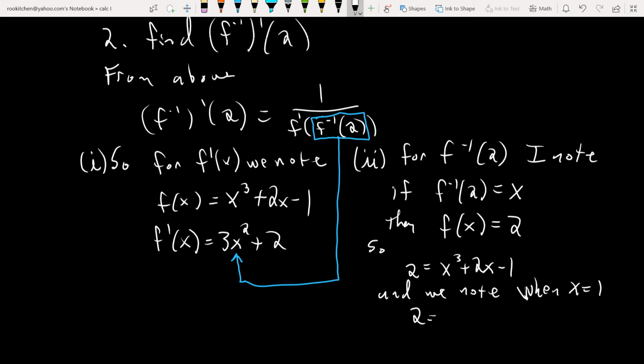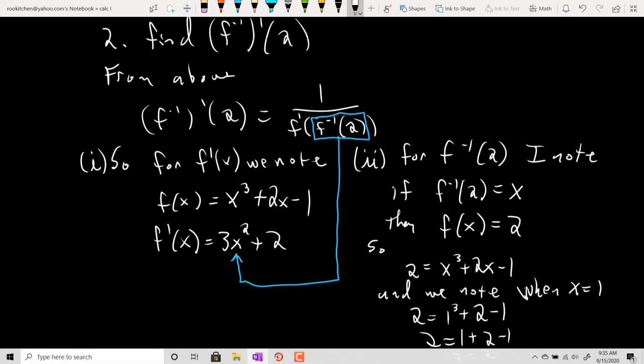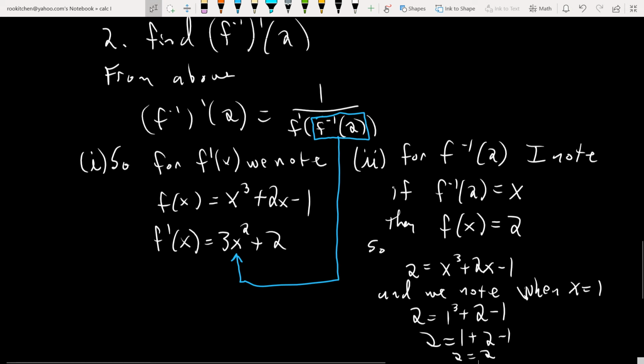So I have 2 equals 1 cubed plus 2 times 1 is 2 minus 1. In other words, 2 equals, well, that failed miserably. No, it didn't. That's great. That works. So 1 cubed is 1 plus 2 minus 1 is 2. 2 equals 2. So x equals 1.